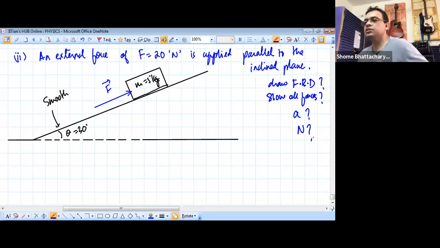So just one force is added to the previous situation. So start with that same free body diagram and resolve the forces and all, but just incorporate that additionally, there's a 20 Newton force that is acting up the inclined plane. And remember to take g as 10. Normal reaction force, we have got it as mg cos theta, so root 3 by 2 mg. Okay.